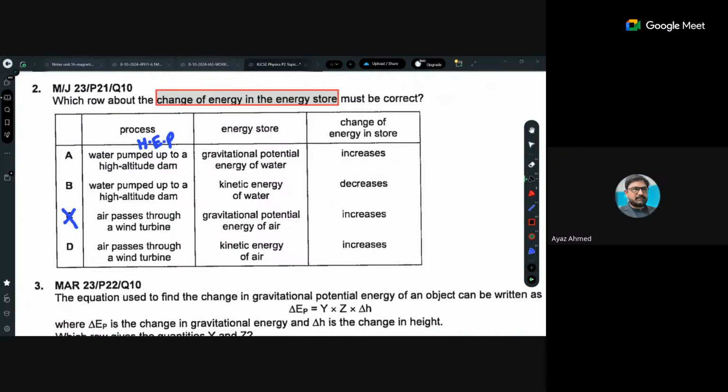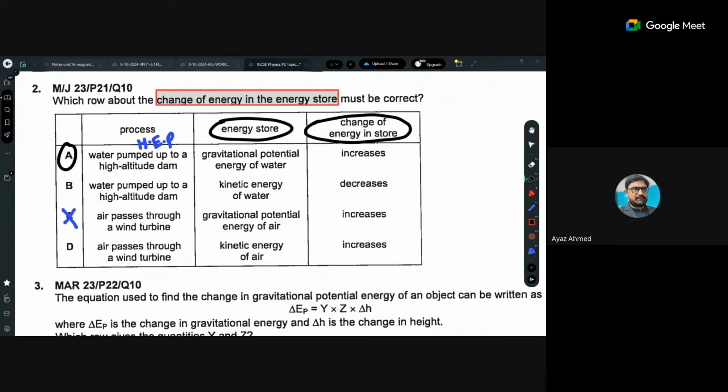That's why when it is said that water is pumped up to a high altitude dam, the energy stored is gravitational potential energy, and the change of energy in store, what happens to that? When you pump the water to a high altitude, the height increases, so what happens to the energy? It must increase. Yes, so that is why option A is most suitable.